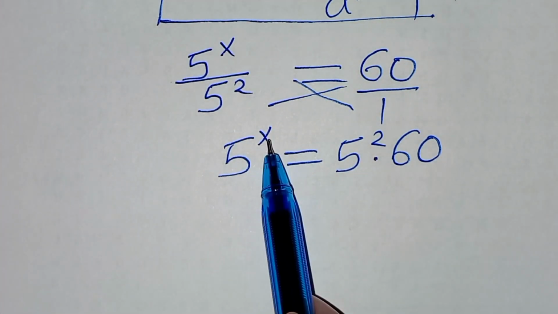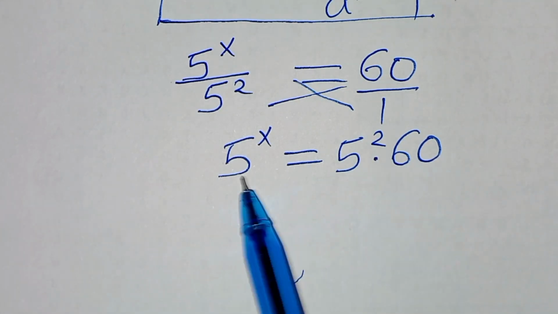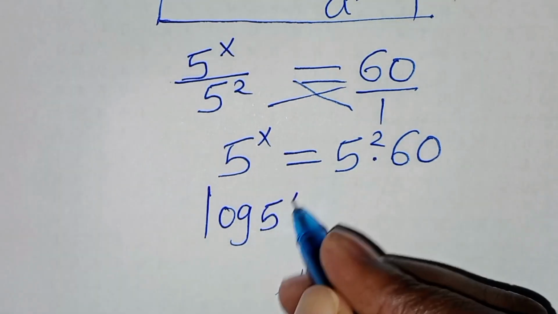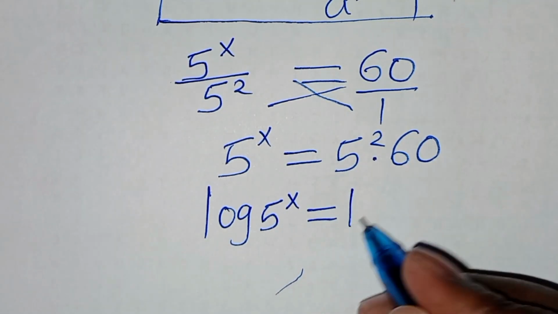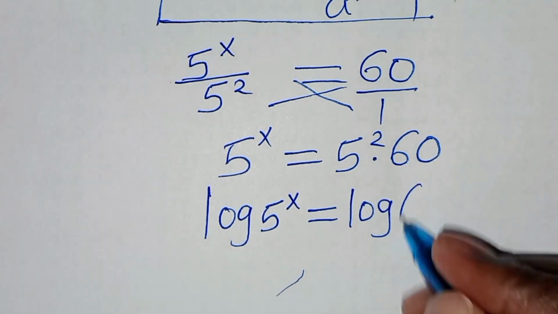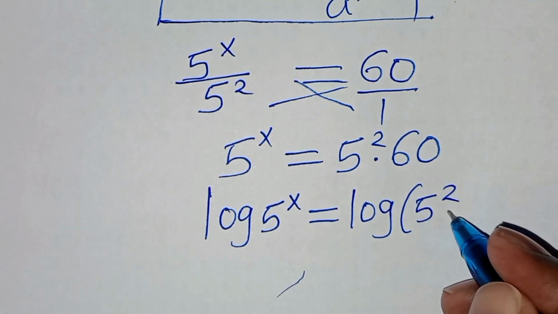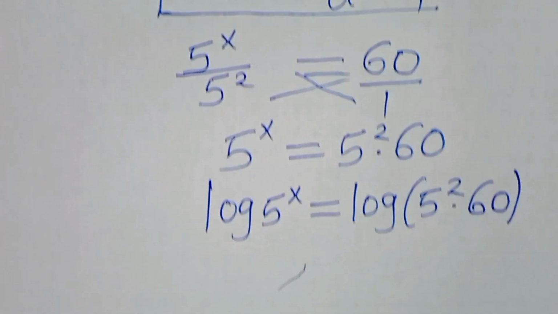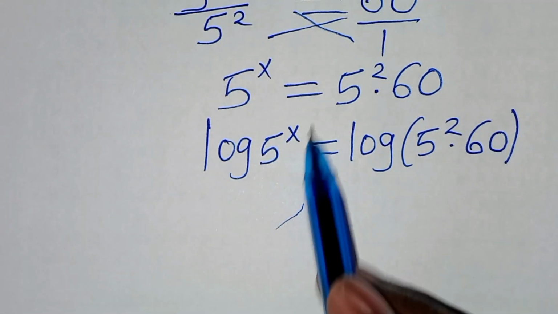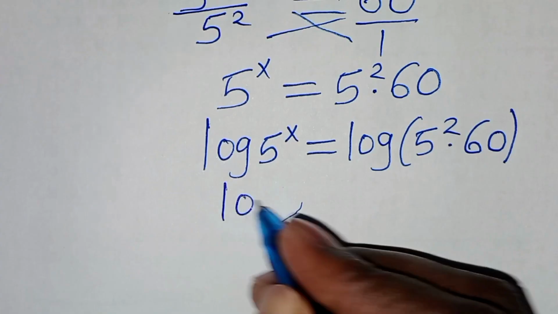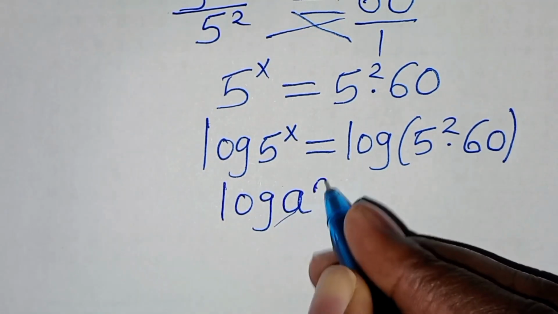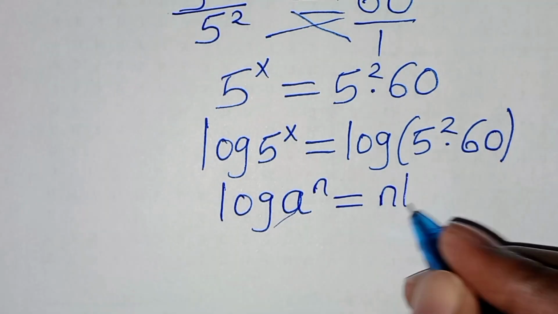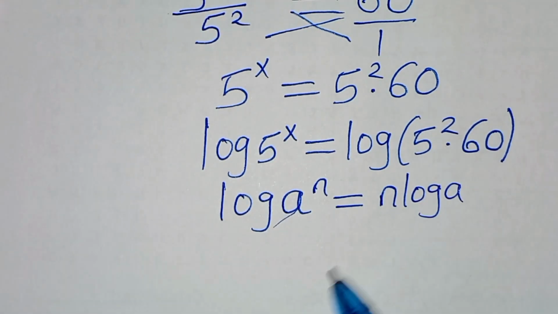To solve for x, we introduce logarithm on both sides. So here we have log 5 to the power x equal to log of 5 to the power 2 times 60. Log 5 to the power x is in the form of log a to the power n, which we can express as n log a.